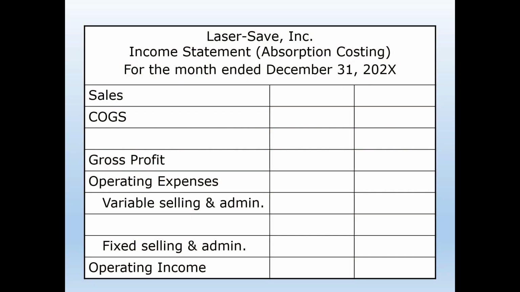Now we can make an income statement under absorption costing for December. Sales revenue hasn't changed. It's still 1,000 units times $60 per unit.